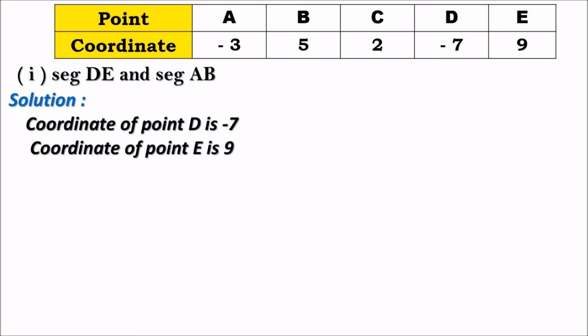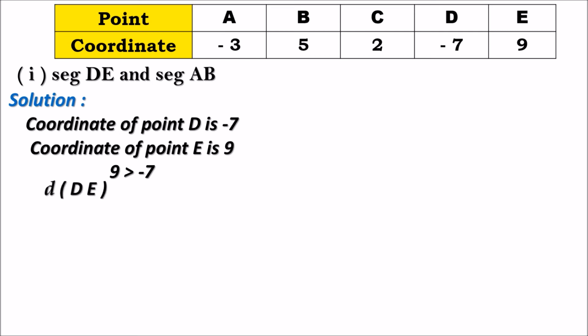Now we will find the distance between points D and E. We will use a formula: the distance between any two points is equal to the greater coordinate minus the smaller coordinate. So which coordinate is greater among -7 and 9? 9 is greater than -7. So the greater coordinate is 9 and the smaller coordinate is -7.